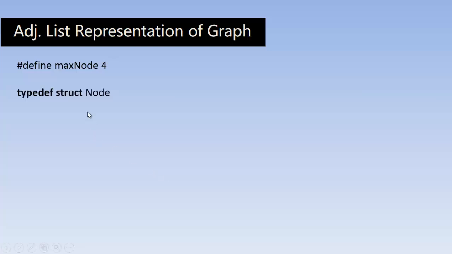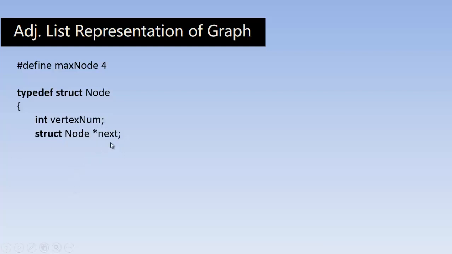So here I'm using the structure to create the node. So node is the structure name which is going to create the node to store the vertex number, I mean to store the vertex. So a variable vertex num will store the vertex number, and the variable called next is a pointer which stores the address of the next node, which is again a vertex, right?